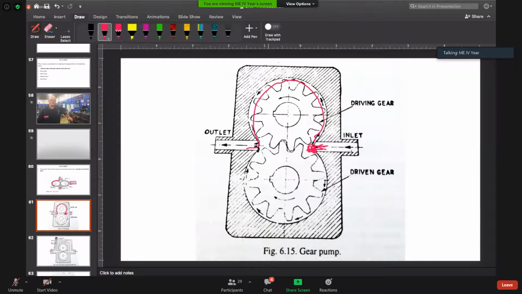There will be some oil in this area also that will be in turbulence, so mainly the pressurized oil path is this one. Due to the circular motion of two meshing gears, or the rotor type of shaft, this suction will be created.